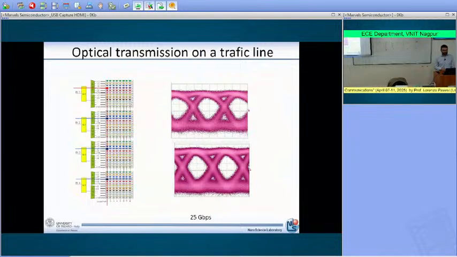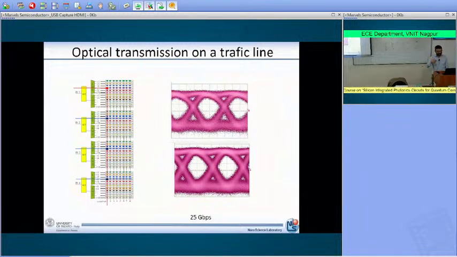Then we try to see whether we are indeed able to put this transceiver on a traffic line. Here is an eye diagram of the switching working with a 20 gigabit per second input wavelength.